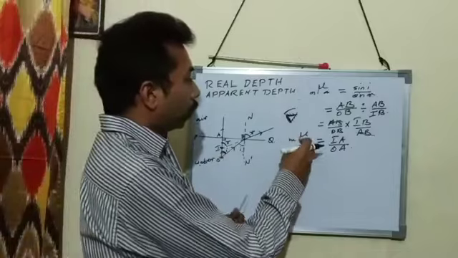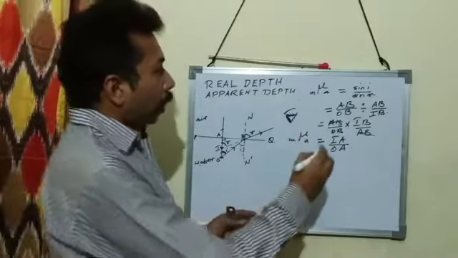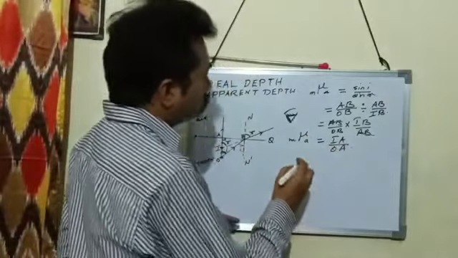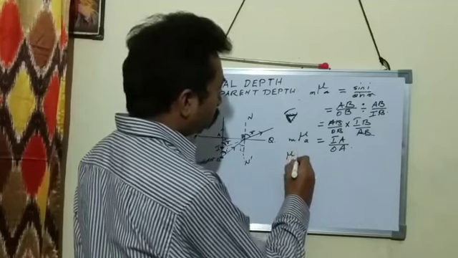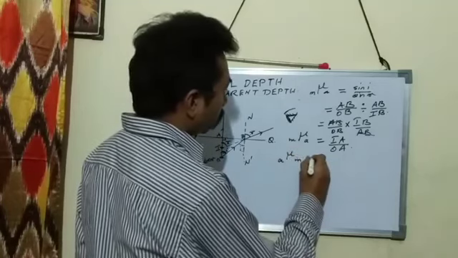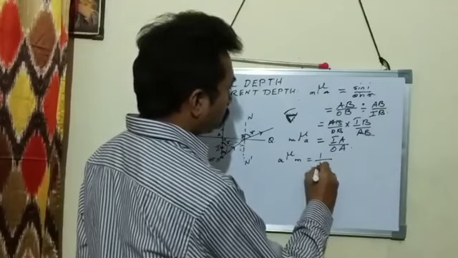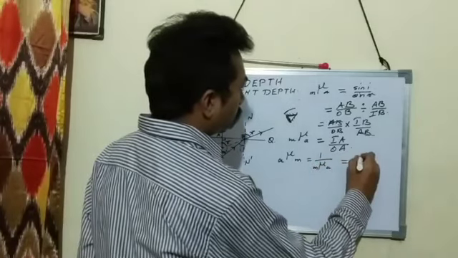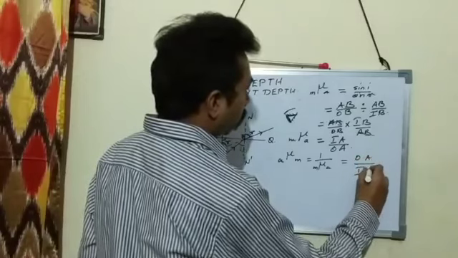So the refractive index of air with respect to the medium is IA upon OA. Now, by the principle of reversibility of light, the refractive index of medium with respect to air is equal to 1 upon the refractive index of air with respect to the medium, which is equal to OA divided by IA.